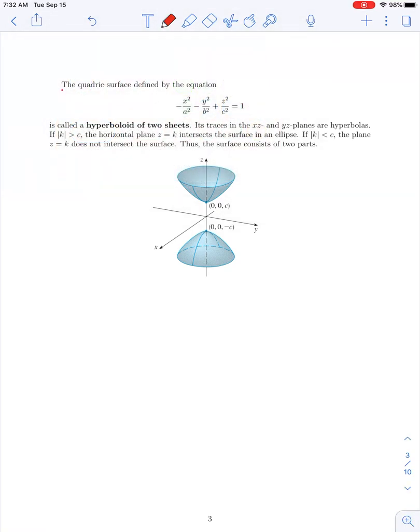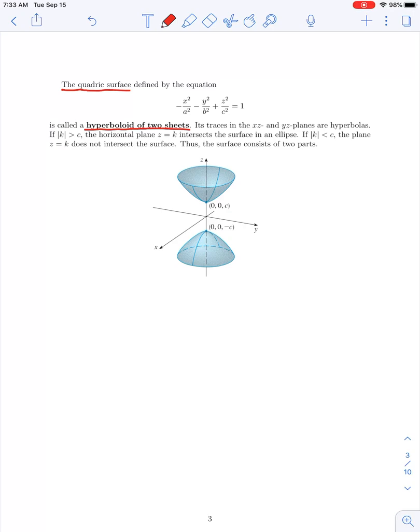So let's consider this. The quadric surface which has the equation negative x squared over a squared minus y squared over b squared plus z squared over c squared is equal to 1 is called a hyperboloid of two sheets. So again, this equation is similar to the equation that we had for an ellipsoid, but where two of our quadratic terms, say for instance the x and the y terms, have a negative coefficient and the other is positive.